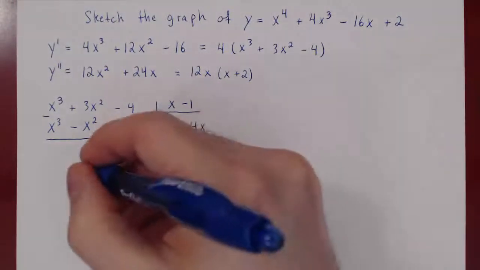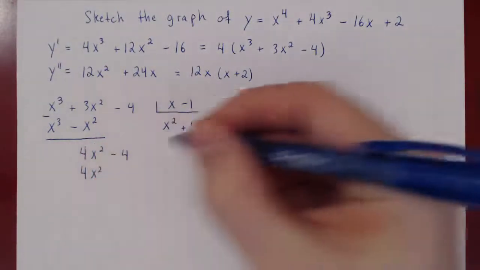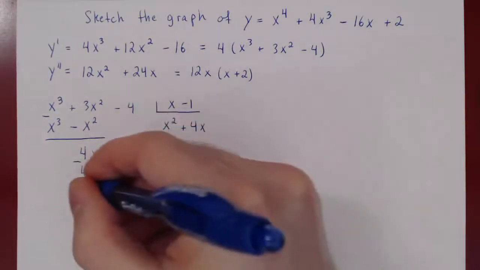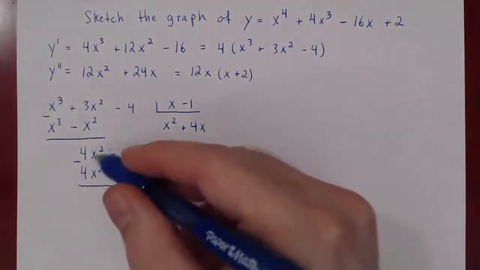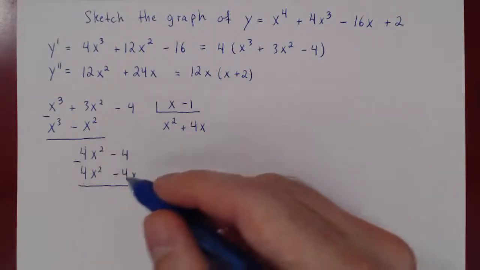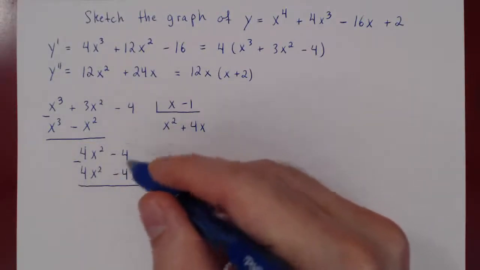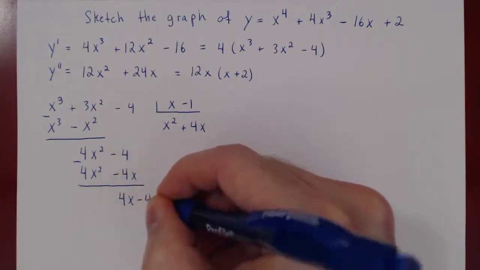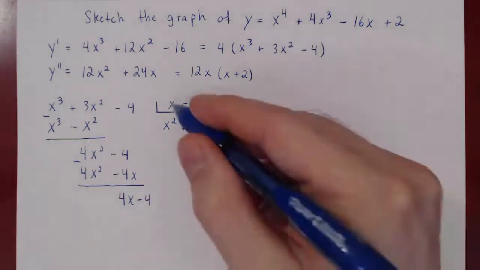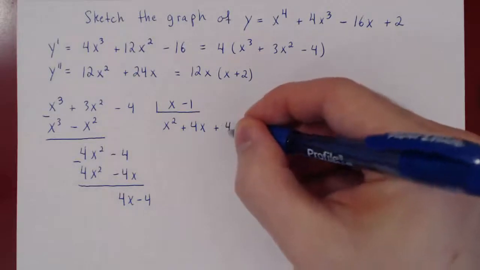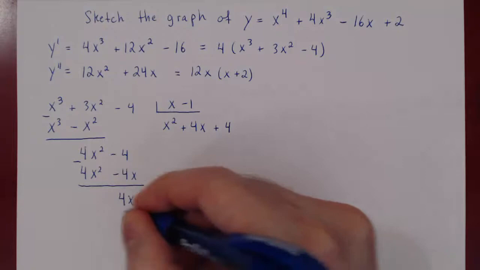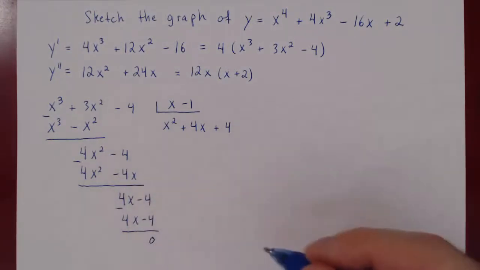Multiply through, you get 4x squared minus 4x. Subtract. 4x squared minus itself is 0. Negative negative gives a positive 4x minus 4. Plus 4 times x is 4x. 4 times negative 1, negative 4. Subtract and you get 0.